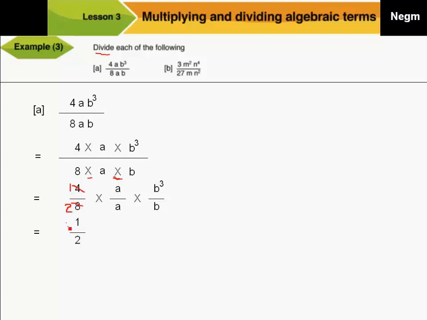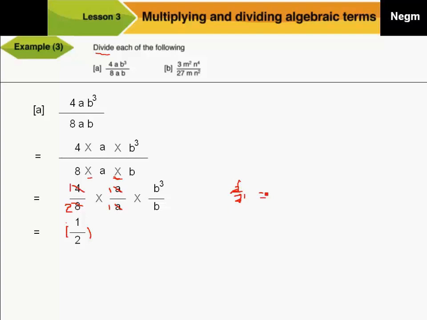Divide by 4 equal 1, divide by 4 equal 2. This is equal 1 half times a divided by a. Also divide by a is 1 and here is 1. We will have multiply by 1, but we don't write multiply 1. Or we have a over a. I told you that a means a to power 1, and here a to power 1.